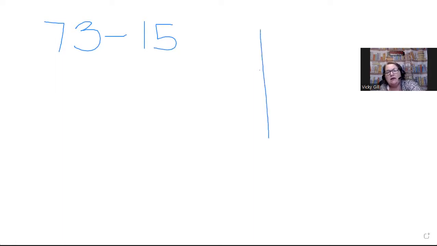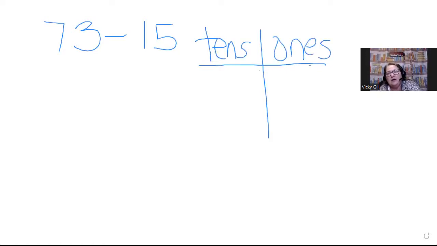So what I'm using is tens and ones. Basically, what you're doing is a visual representation of the regrouping that you're doing.